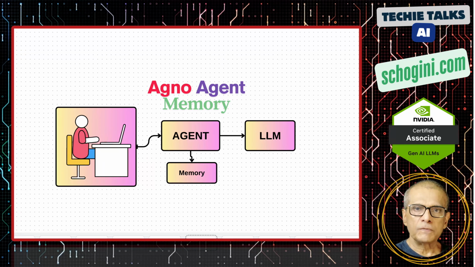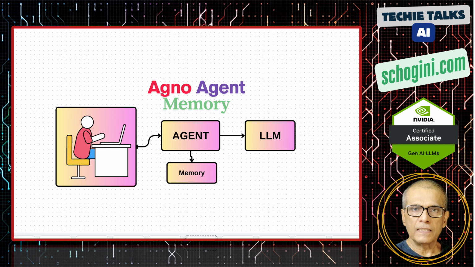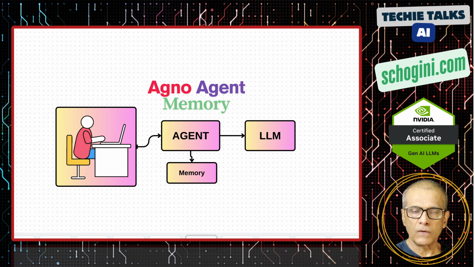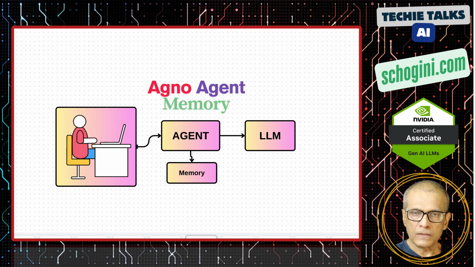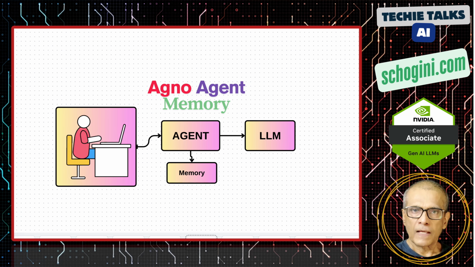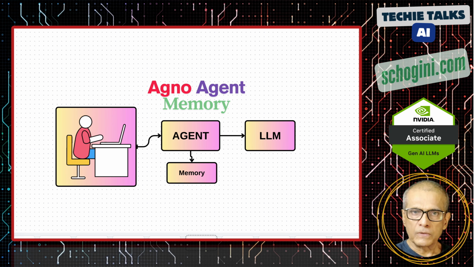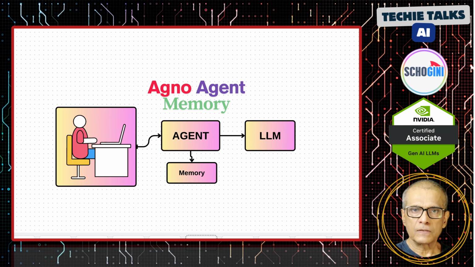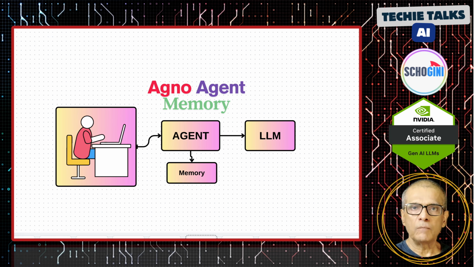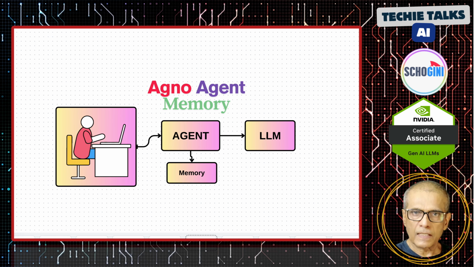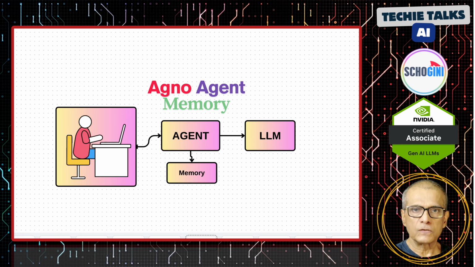In this video, what we're going to see is how easily we can add memory. When you build an agentic application, especially if you have an automation agency, you will definitely be building SaaS applications, and those SaaS applications these days have to be agentic. When you build an agentic application, you need to have many features added to those agents, and one of them is having a local memory which tracks the interaction history so that we don't need to do any extra circus to handle them.